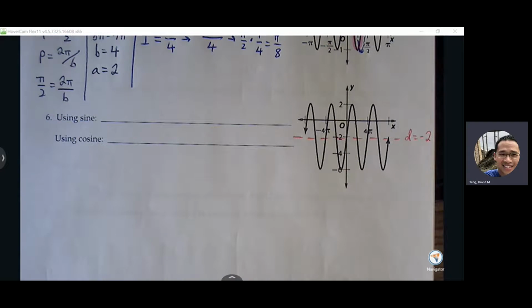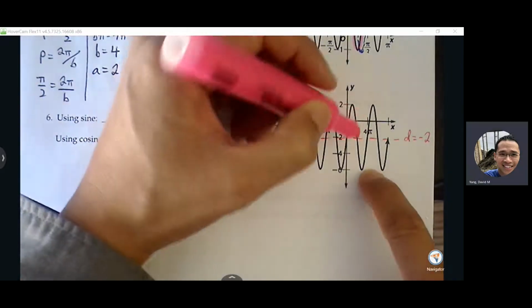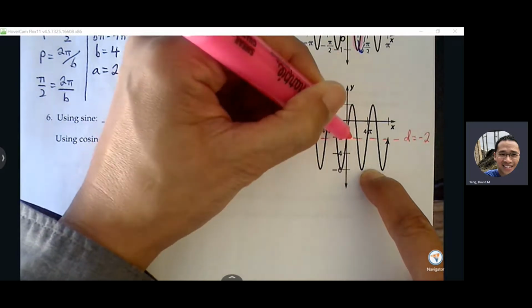So if you look at this graph from the perspective of that d value, -2, what does this graph look more closely aligned with? Does it look more like a sine graph, or does it look more like a cosine graph? Sine, because sine starts at the midline and works its way out, right? So this is what my full cycle for my sine graph looks like.